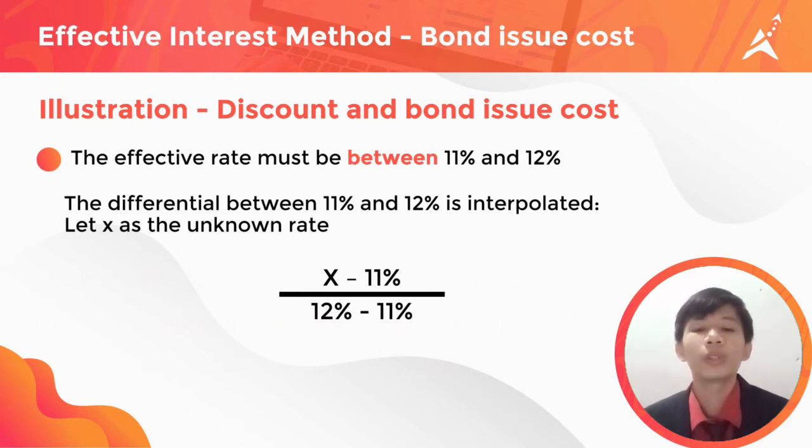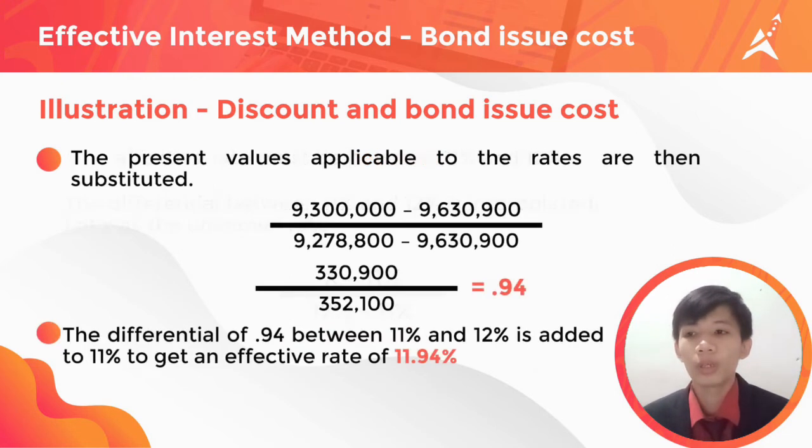So, we are going to interpolate the differential between the 11% and 12% using the following equation, with x as the unknown effective rate. The equation is x minus 11% all over 12% minus 11%. Then we substitute the present values applicable to each of the rates.